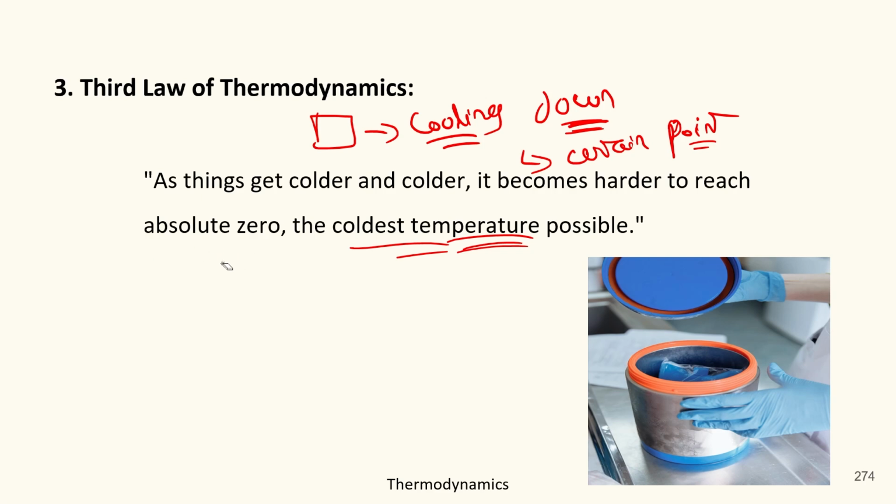Sorry, we can say it could only reach up to a certain point, not absolute zero, the coldest temperature ever possible. So basically, this law states that when the object is cooling down, it could only get cool up to a certain point.